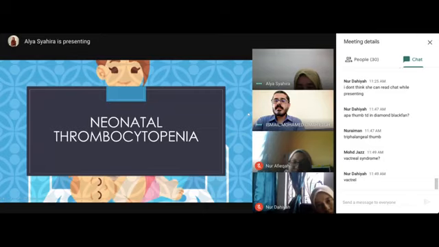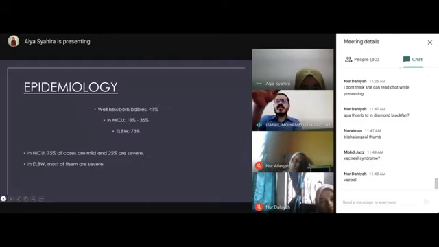So basically, platelet is a non-nuclear cell, so it is involved in primary hemostasis. One minute, Shahira. Yes. Because I cannot see the slides here, I'm seeing in my laptop. What I see is mild 50 to 150, moderate 20 to 50, and severe less than 20.